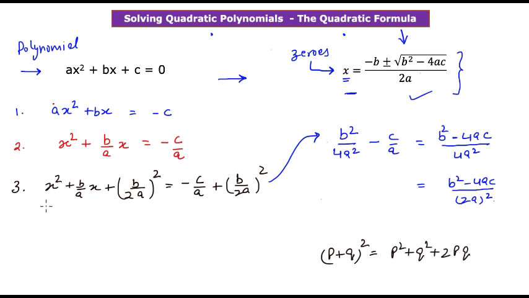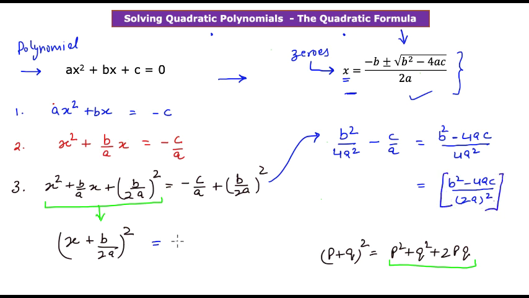When you compare this with the expression on the left hand side, you will find that x squared plus b over a times x can be very simply written as x plus b over 2a, and the square of that. And this can be equated to the expression we obtained by simplifying the right hand side, which is b squared minus 4ac divided by 2a, and square of that.